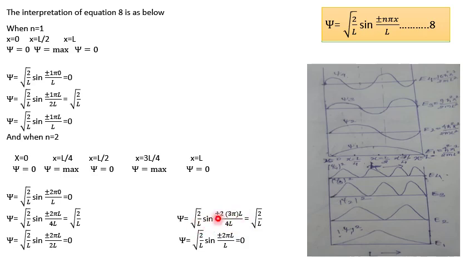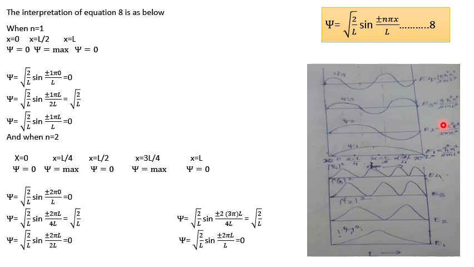It means that again the psi value is maximum, but on the negative side. At x is equal to L, the value of psi is also 0. It means that at the second energy level we get 2 peaks, at x is equal to L by 4 and at x is equal to 3L by 4. At L by 4 we get a positive peak, and at 3L by 4 we get a negative peak.